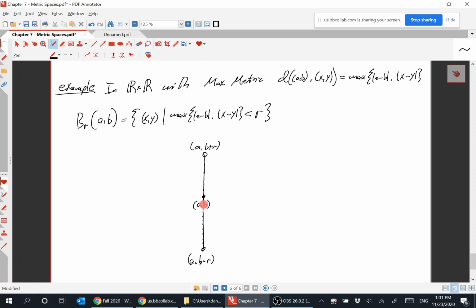The difference in the x coordinate and the y coordinate between a point on this line and the center is less than r. But the difference in the a coordinate has to be less than r as well. They both have to be less than r. As long as they're both less than r, that's fine.